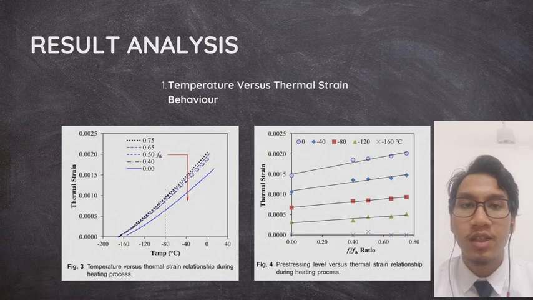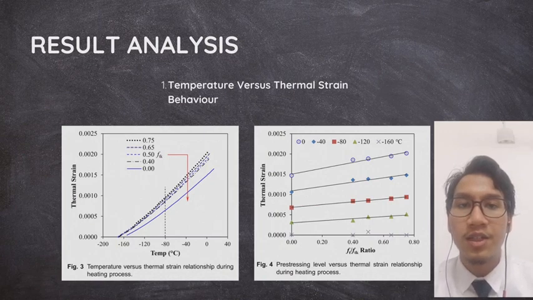At stage 1, temperature interval from -80 to 0 degrees Celsius, the contracting thermal strain increases almost linearly with the increase of the temperature. At stage 2, temperature interval from -165 to -80 degrees Celsius, the thermal strain increases non-linearly with the increase of the temperature. This non-linear behavior may be caused by the change of the microstructure of the steel strand under low temperature below -80 degrees Celsius.